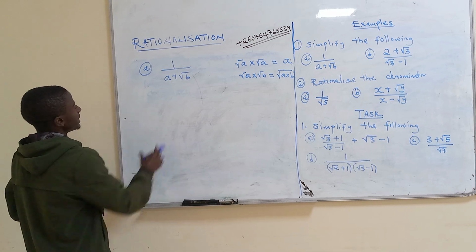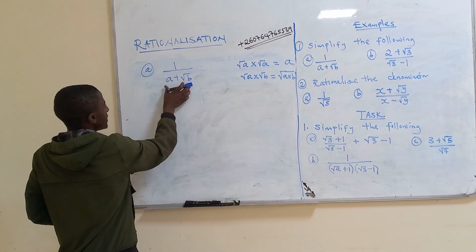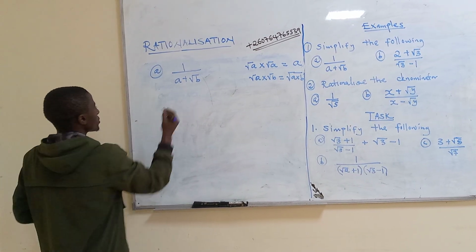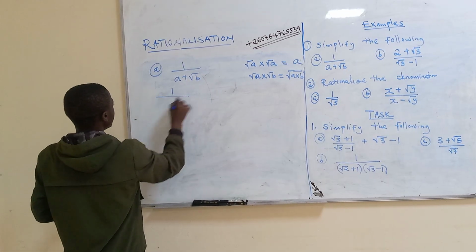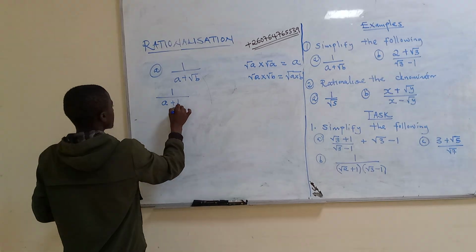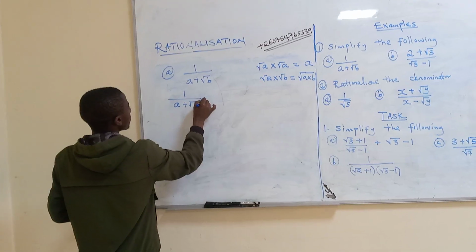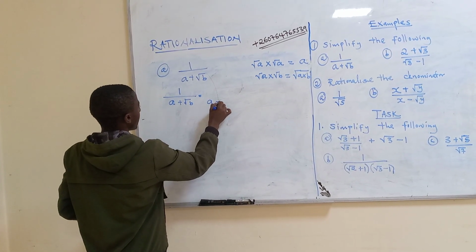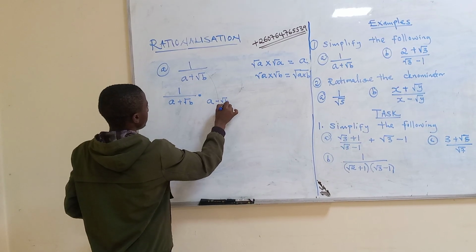Like I said, we are going to conjugate this denominator. So we are having 1 over a plus square root of b. Its conjugate is a minus square root of b.